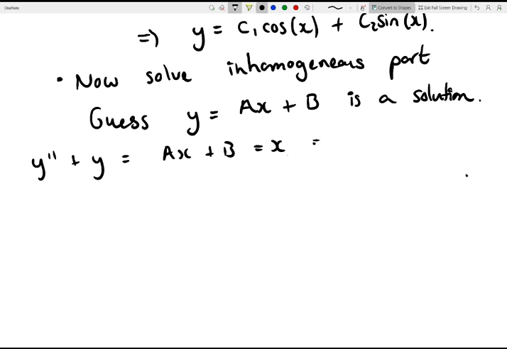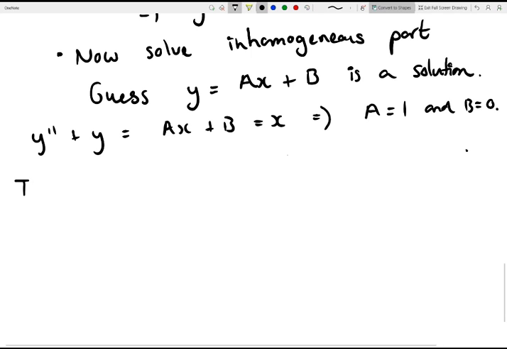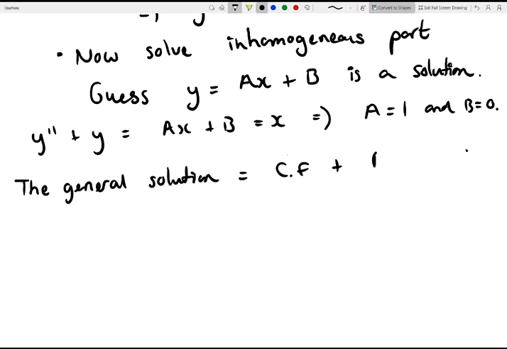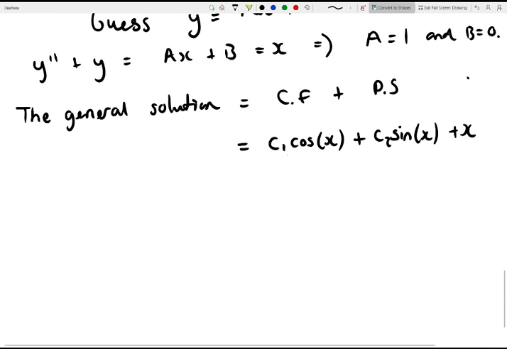This equals x, so it implies that a is 1 and b is 0. So the general solution here is the complementary function plus the particular solution, which is c1 cos of x plus c2 sine of x plus x. So we have our solution, but of course we can check this, which I fully recommend.